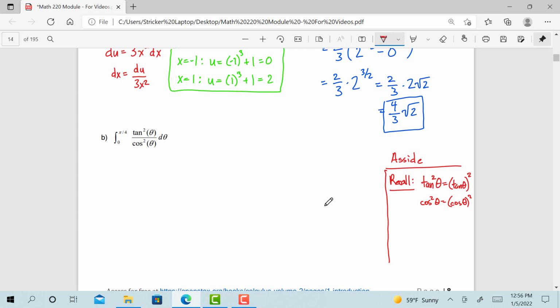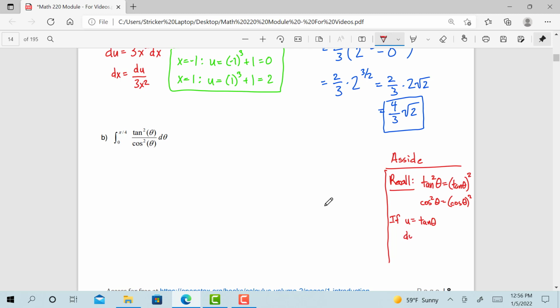So if we let u equal tangent theta, then du is secant squared theta. Oh, I'm running out of room there. Let me rewrite that below here.